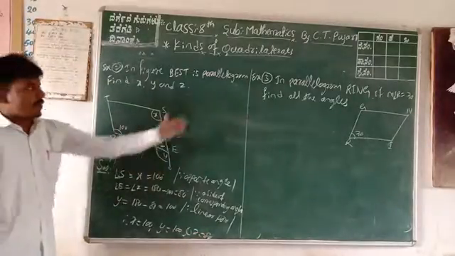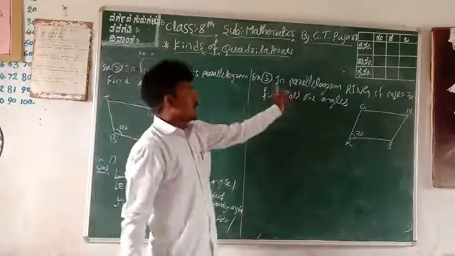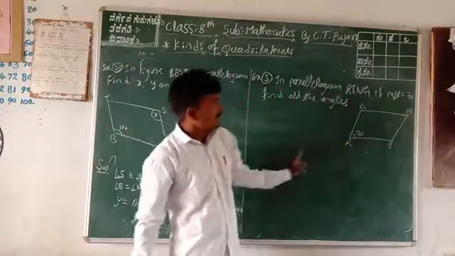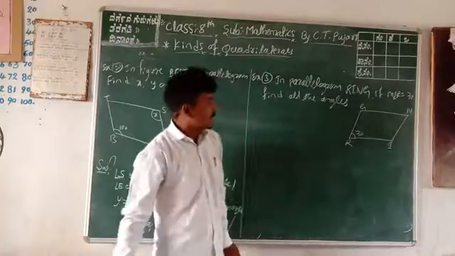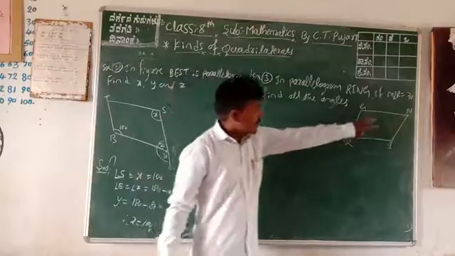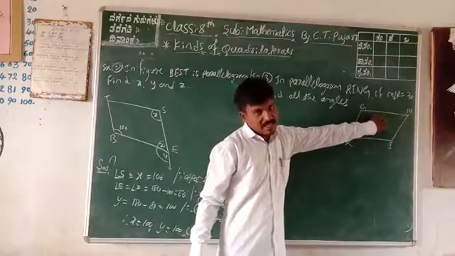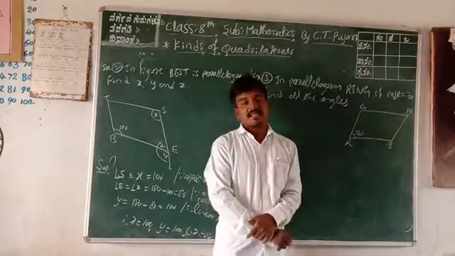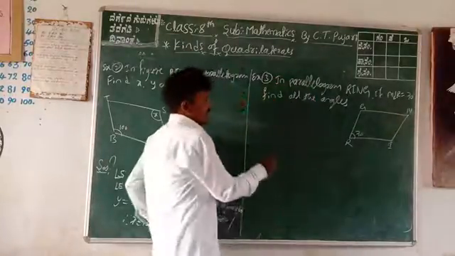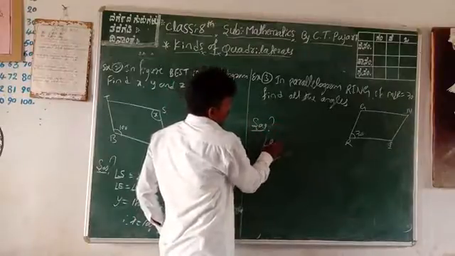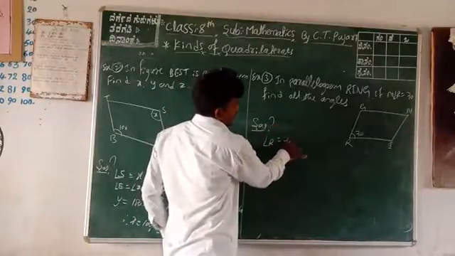What about the next one? In the third one, in the parallelogram RING, if angle R is given as 70, you can find out all the angles. This is a quadrilateral, and the sum of all angles in a quadrilateral is 360 degrees. Given angle R is 70.